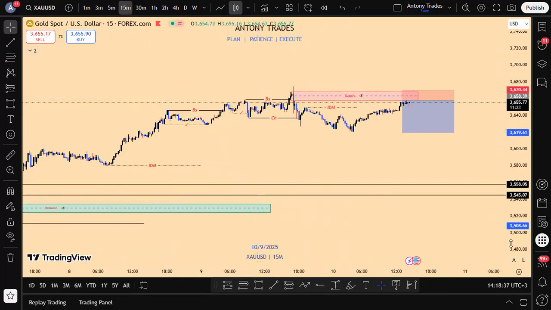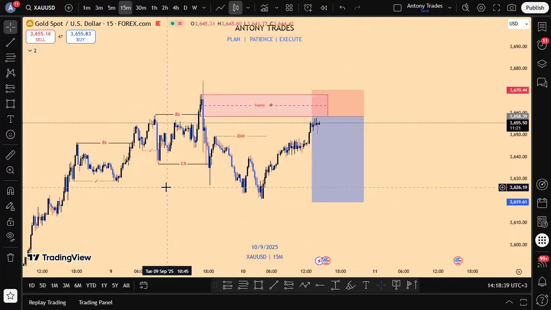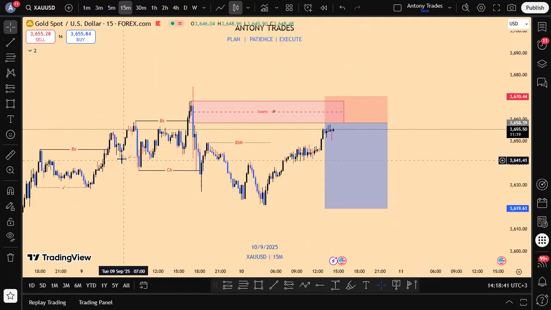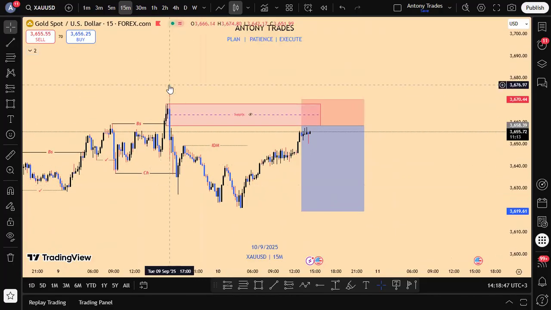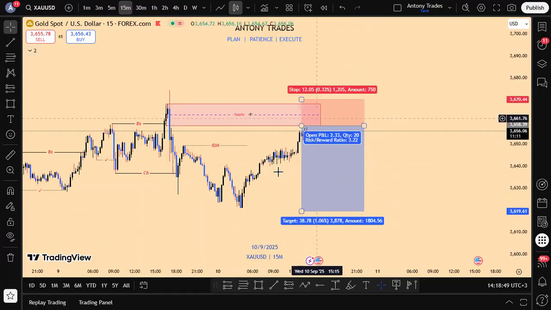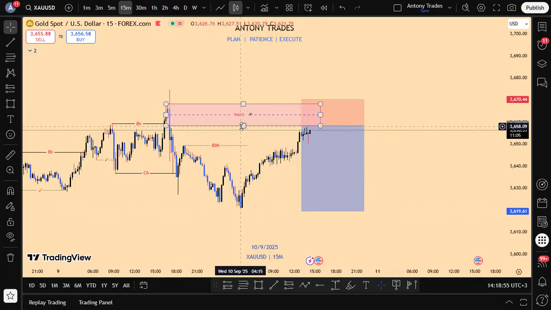Because if I go down to the 15 minutes time frame, I can see very clearly we have a sweep of liquidity, then a break of structure to the upside, then we have a change of character. That means this is my strong high and this is my weak low from the 15 minutes time frame. Now, this is the lesson that I learned yesterday from the Euro USD.